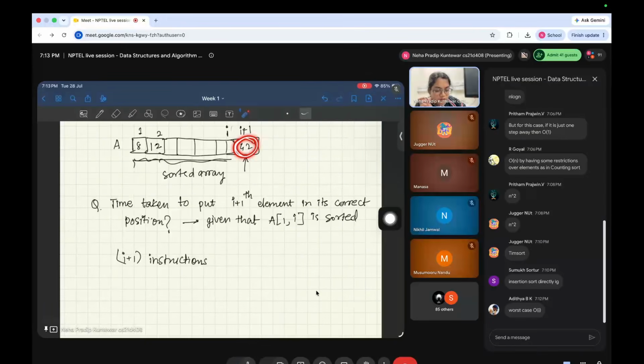So this element cannot be all the way here. The leftmost position it can be is 10 steps back from where you are.